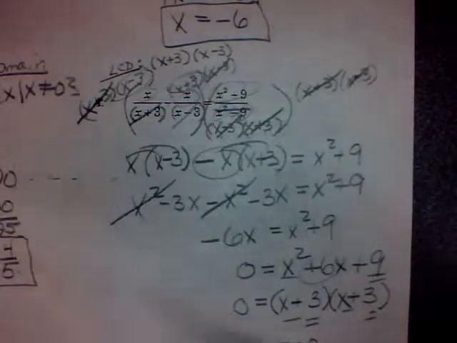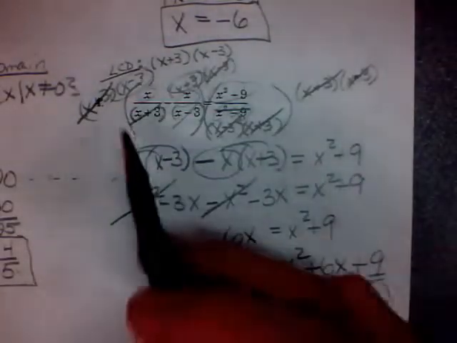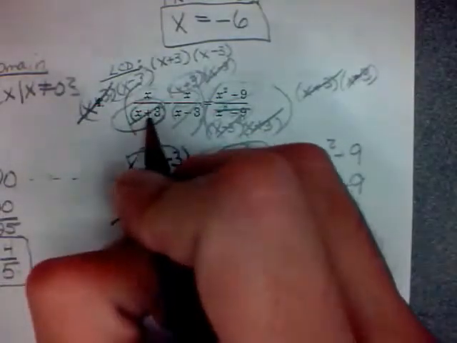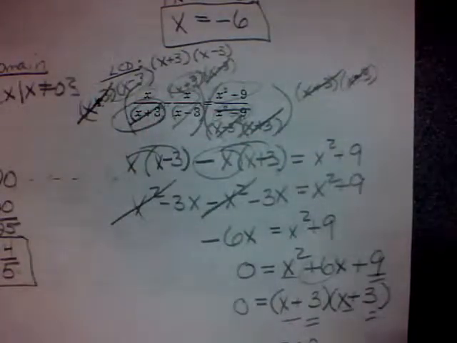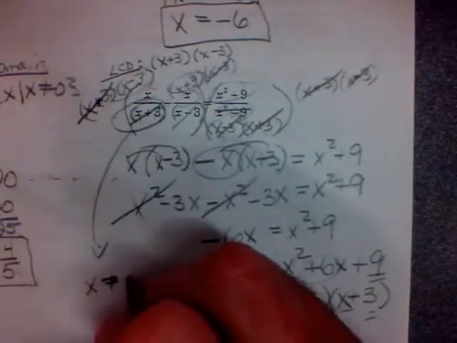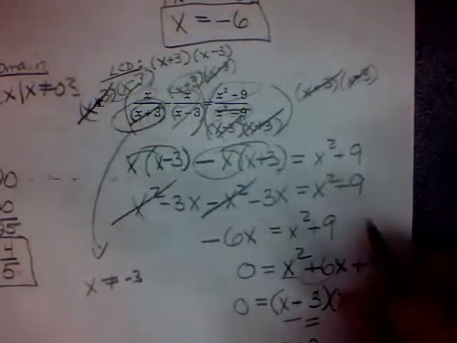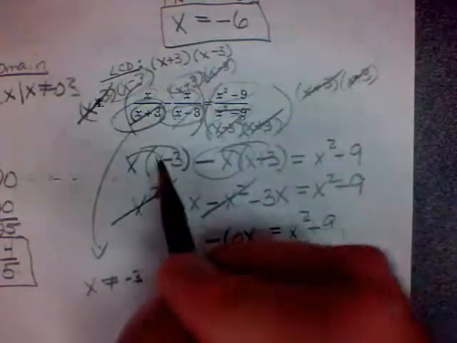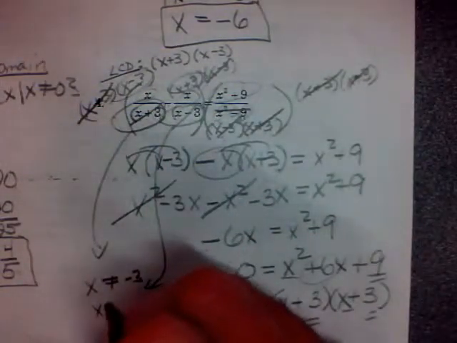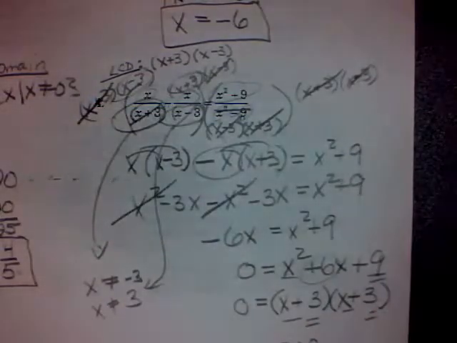But on here, we need to check our domain. And if we go back and check our domain here, if we look at this term here, this was an x plus 3. Well, what would make that 0? That would be x could not equal negative 3. And then here, this is an x minus 3, so what would make that 0? Well, that would be x could not equal positive 3.